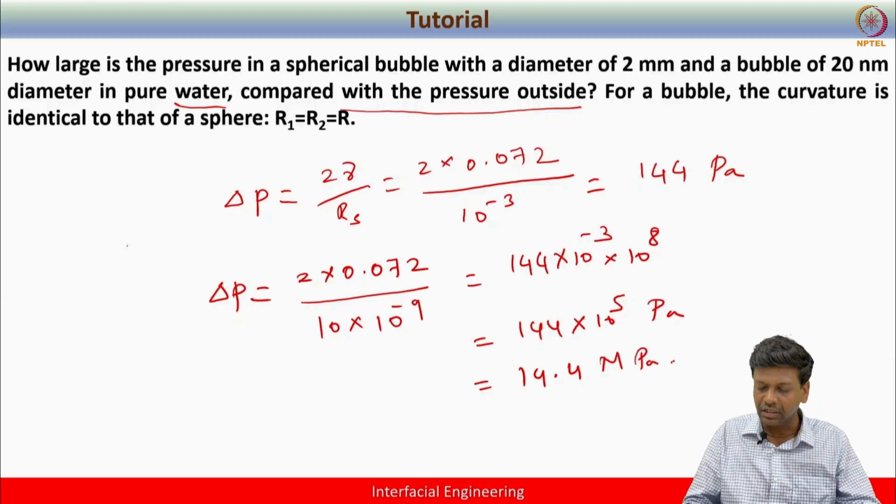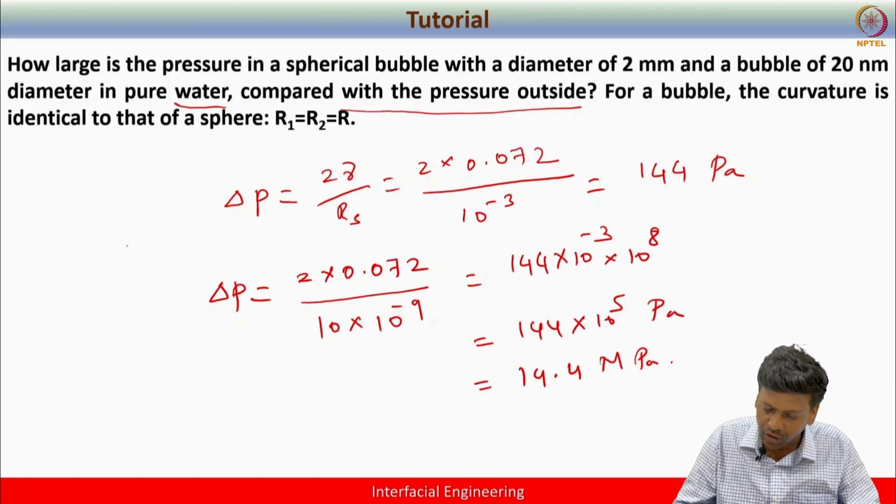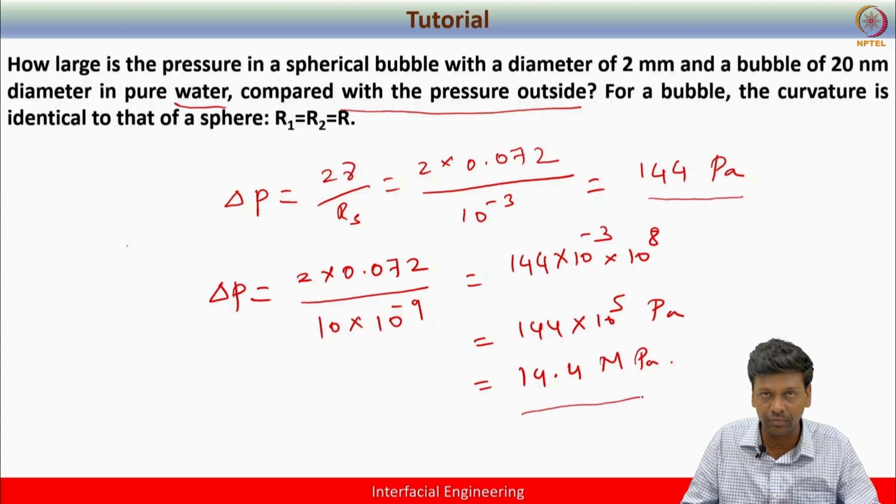See the difference. In the case of 2 mm diameter, it is simply 144 Pascal, whereas in the case of the 20 nanometer diameter bubble, the pressure inside is so large compared to the macro bubble, 14.4 megapascal.